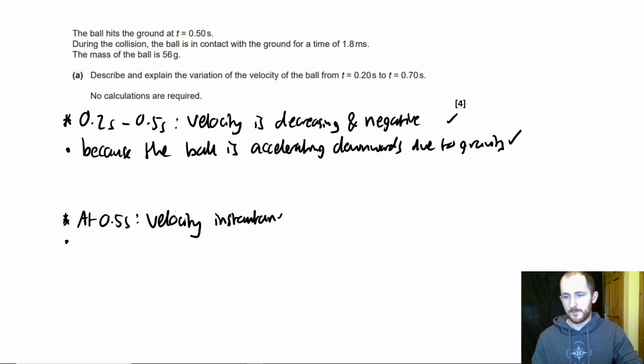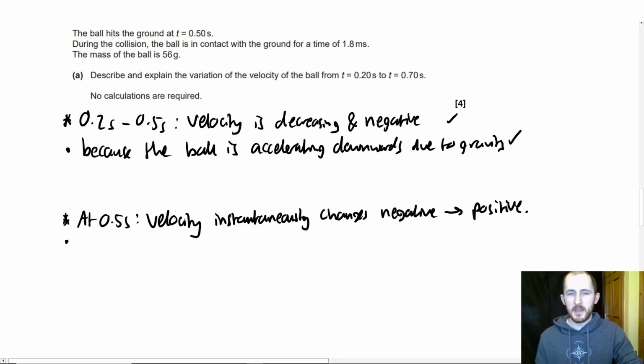Assuming you can spell it, which I'm hoping I can, changes from negative to positive. Also keep in mind, you can write a bit like a caveman. This is not proper English, doesn't matter, right? At half a second, velocity instantaneously changes negative to positive. Done. That's it. Another mark.